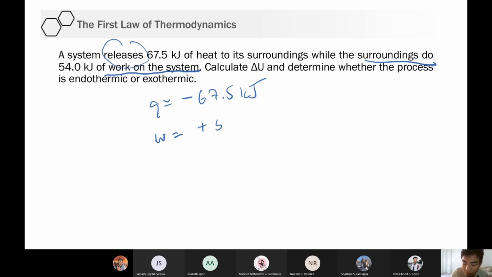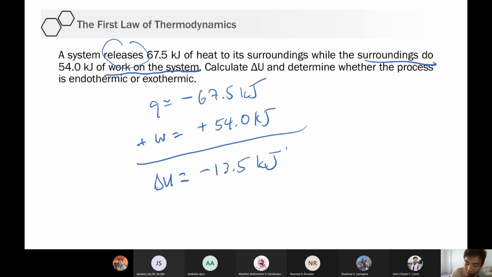Positive yung work, which is 54 kilojoules. I'll just add them, you will get delta U, which is negative 13.5 kilojoules.